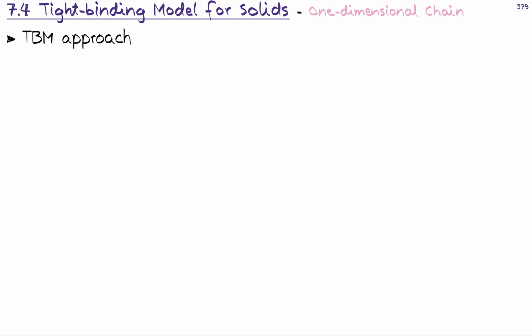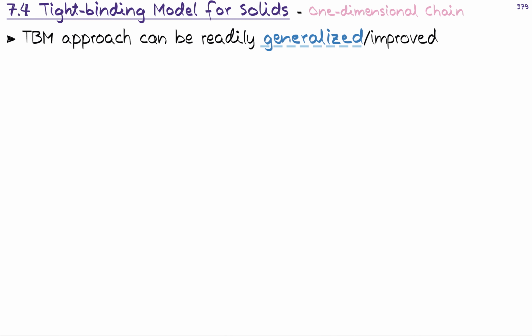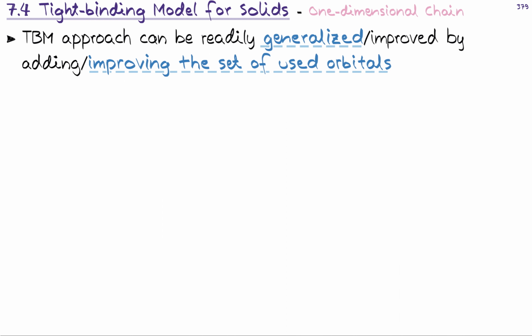So the tight-binding model approach, how we could extend, generalize, or improve it, is quite straightforward. We would just add the orbitals for each of those atoms, and we could use the kind of orbital functions that we use to describe the electron wave function near the mth atom, or ith atom, or nth atom.